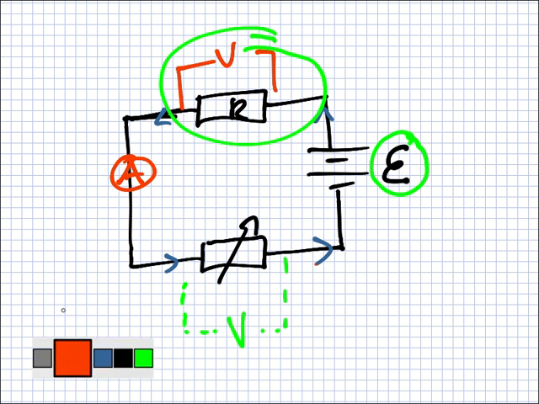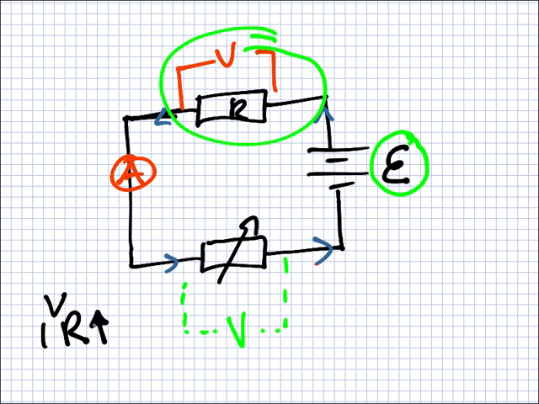Okay. Now you have the formula V = IR. So what happens if you increase the R? What happens to the V? V equals IR. So if you increase the R, then what will happen to the V? It'll be bigger. Yeah. Now, let me just call this Vx.